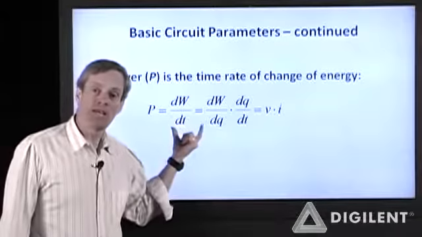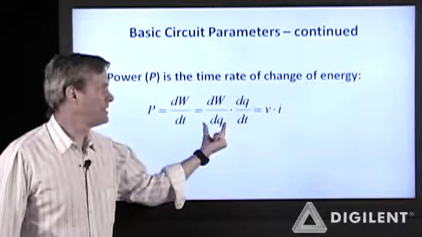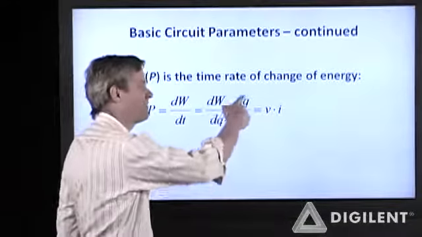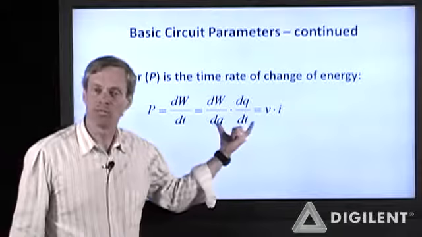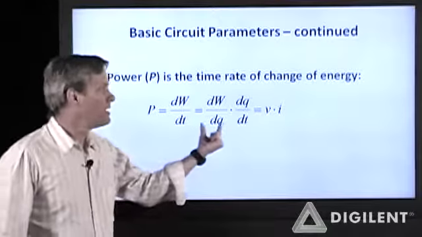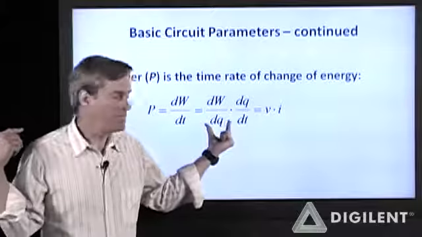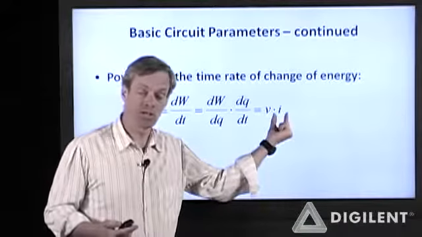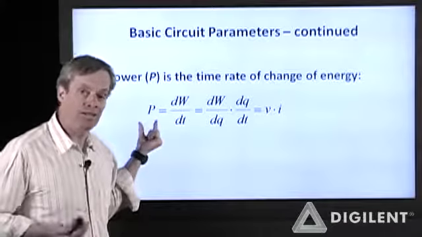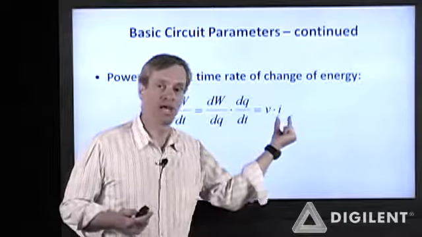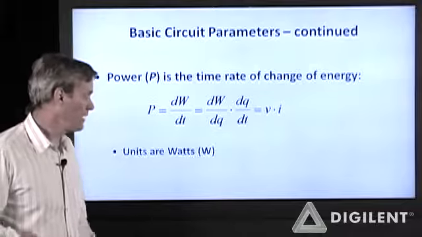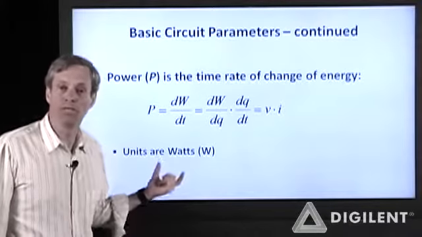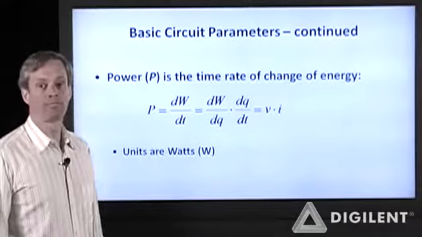Now I can use the chain rule to expand this into dW/dq times dq/dt, and I can think of the dq's as kind of canceling through a multiplicative process. dW/dq was previously defined as voltage, dq/dt was previously defined as current, so power in the electrical world is voltage times current. The units of power are watts, consistent with what you've used previously to represent power.